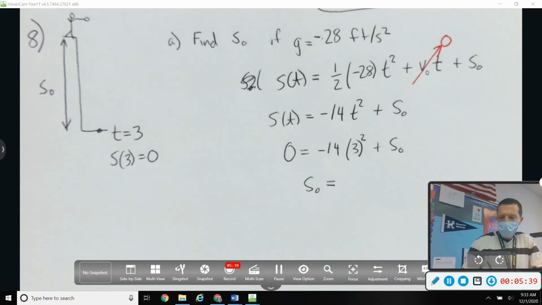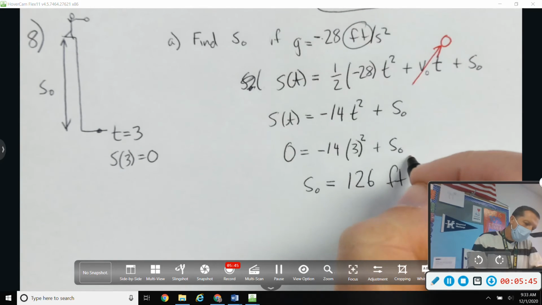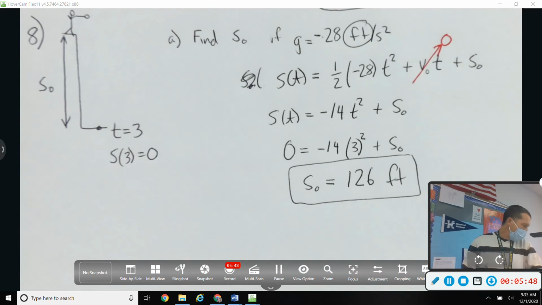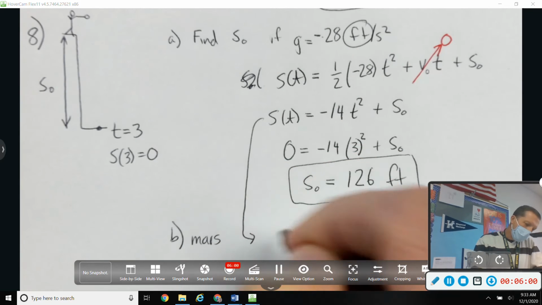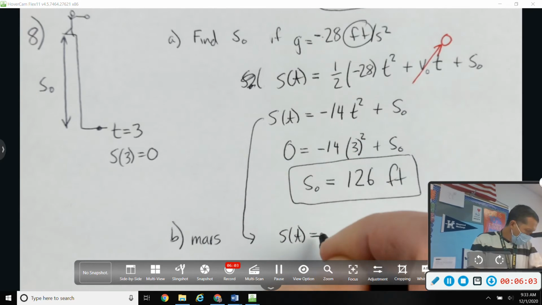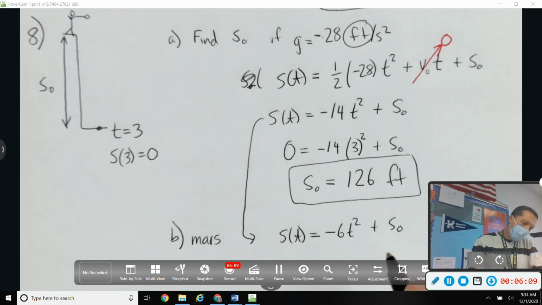14 times 9, 126. And we were in feet, so 126 feet high if he was on Venus. This will go quicker for the others. If he was on Mars, it's kind of the same thing, except that gravity was 12, so that would end up being negative 6t squared plus s0. So s0 would be 6 times 3 squared, 54 feet.